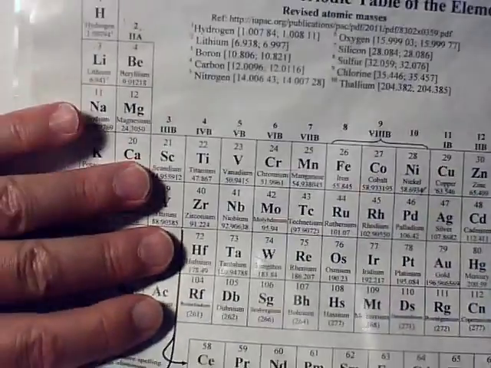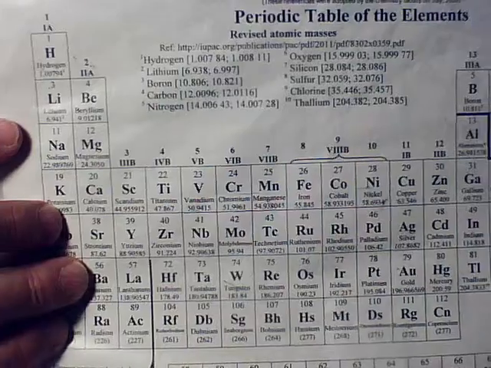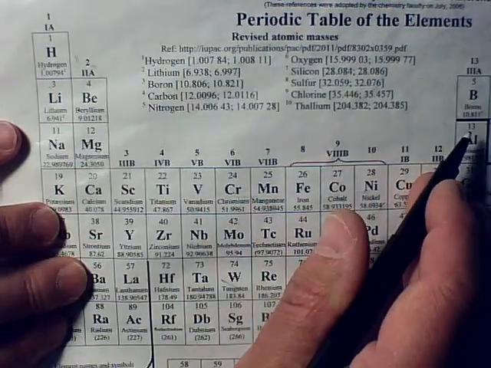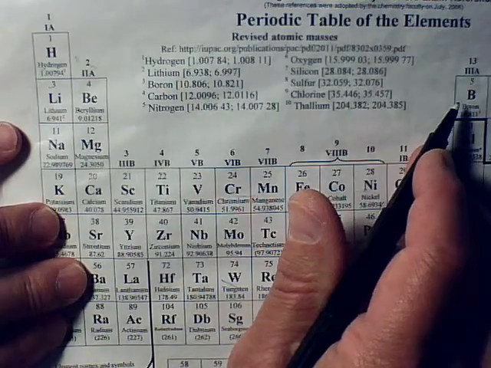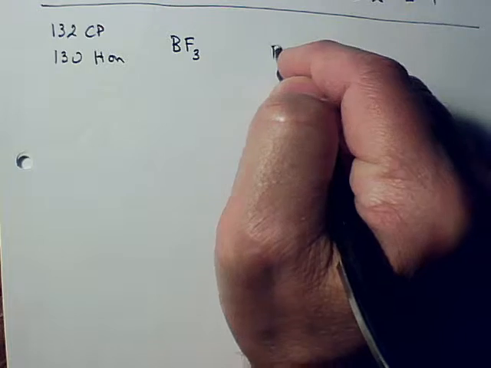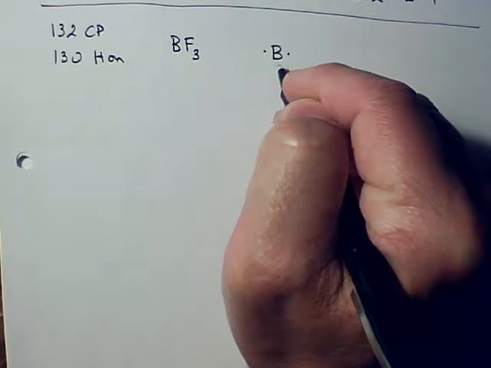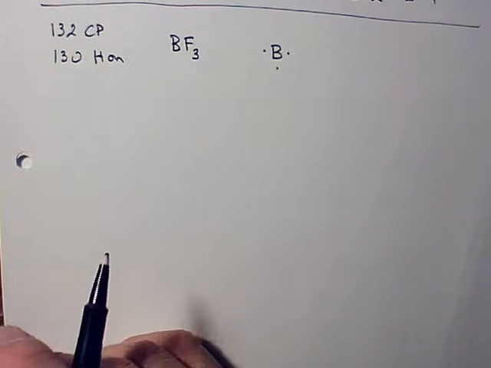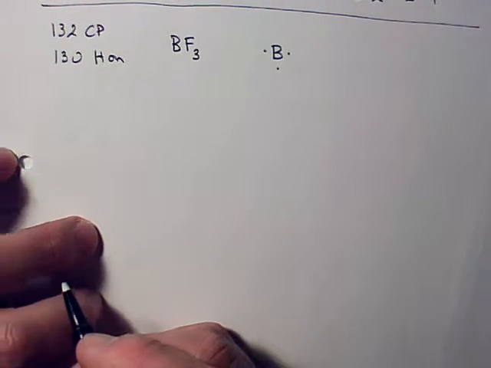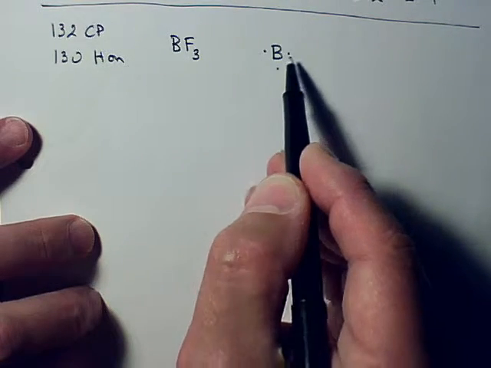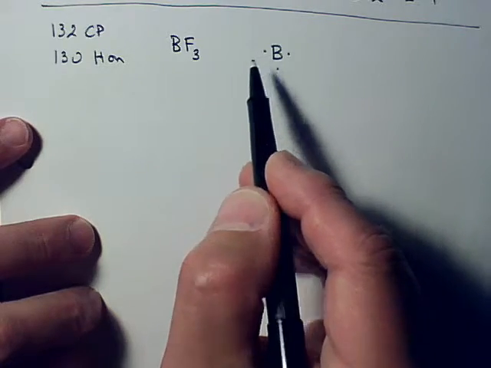So all we have to do is go back to the left, and starting with the element lithium, count 1, 2, and then 3 for boron, and that means we have 3 valence electrons around a boron. So we're going to write boron with 1, 2, 3 valence electrons as dots. Now, for electron dot formulas, you put 1 electron on each of 4 sides: a top side, a bottom side, a right side and a left side.